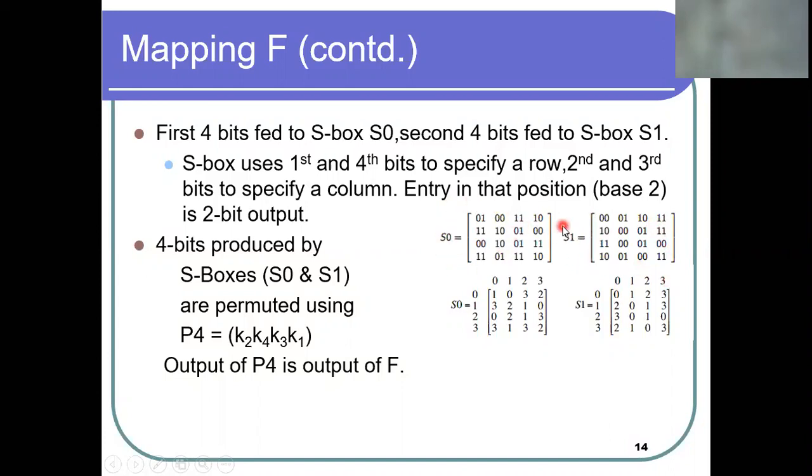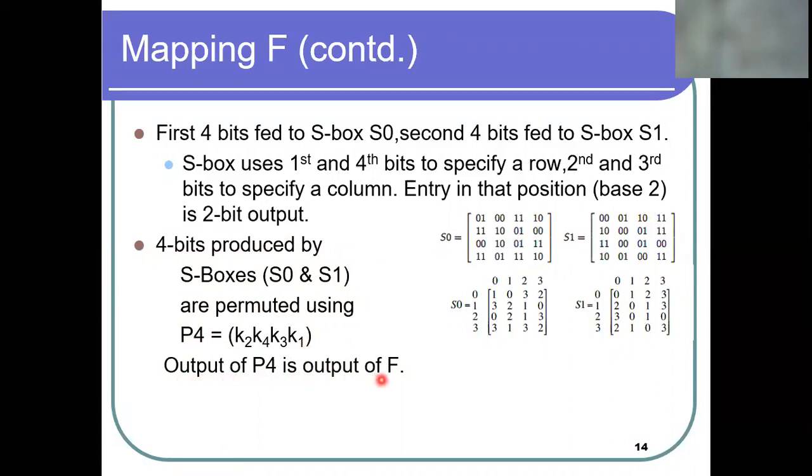We will get 4 bits as an output, and then we will pass these 4 bits through this P4 permutation. P4, I mean to say that it maps 4-bit into 4-bit in this order like this one. The output of P4 is the output of F.